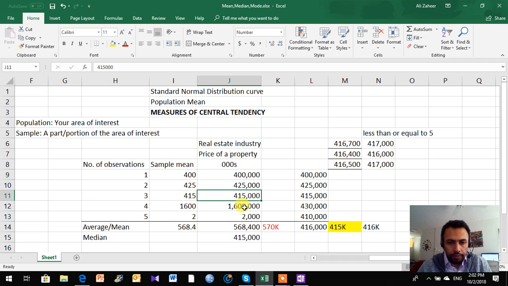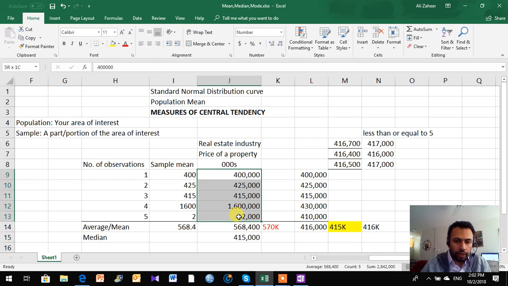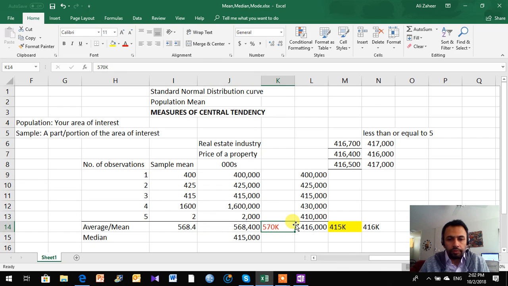And if we take the average of all these numbers, we will see the average is 568,400. However, this average is not the correct average. If we round it, we will get 570,000 in general.